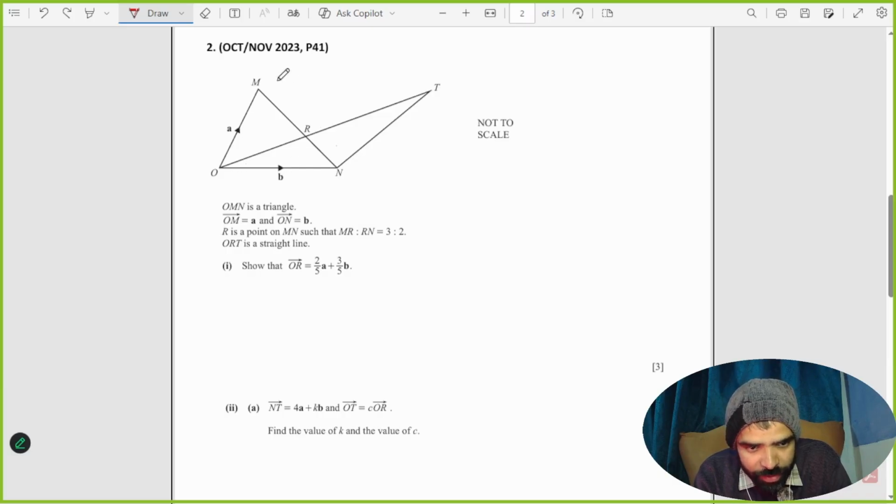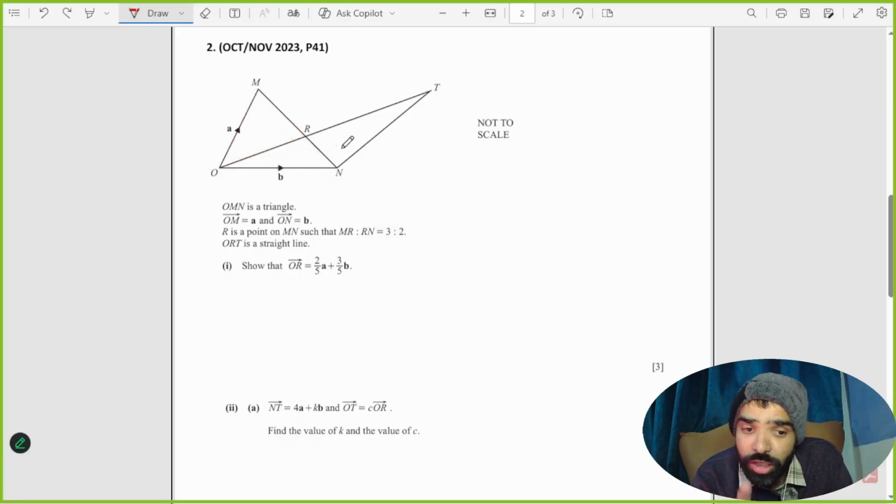We can find MN or NM, because we need to find OR. So we will consider either this triangle or this one. To consider one of those two triangles, you need this side MR for the first one, or you need this side NR.